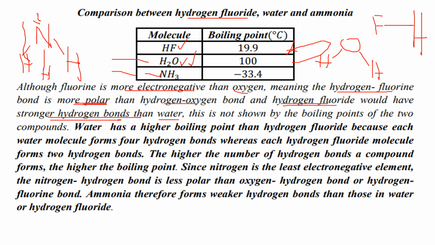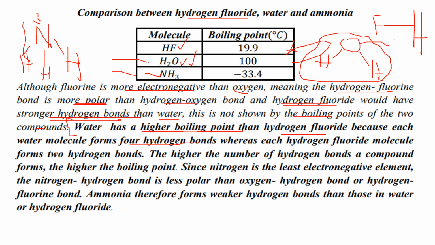So we say that this is not shown by the boiling points of the 2 compounds, and the reason is going to be the following. So here the required explanation is going to start from here. So you're going to say that water has a higher boiling point than hydrogen fluoride, because if you look at each water molecule, which I've already drawn up here, each water molecule forms 4 hydrogen bonds. And you're saying 4 hydrogen bonds because this is one water molecule.